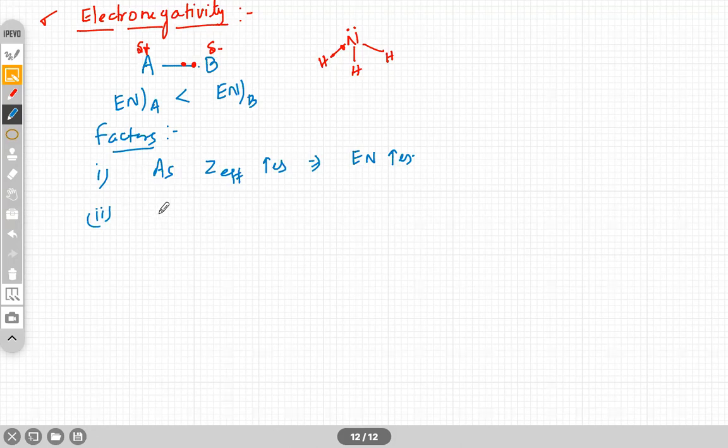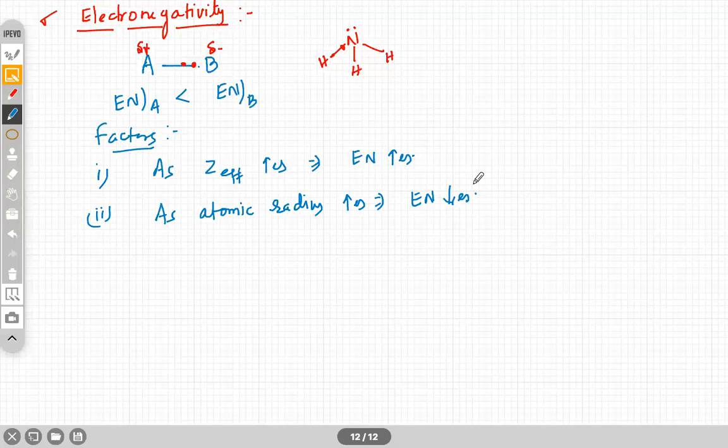Second one: as atomic radius increases, electronegativity decreases. Why does it decrease? Could you tell me? Because the distance is more, right? The distance between nucleus and the electron is more, and hence the electronegativity decreases.